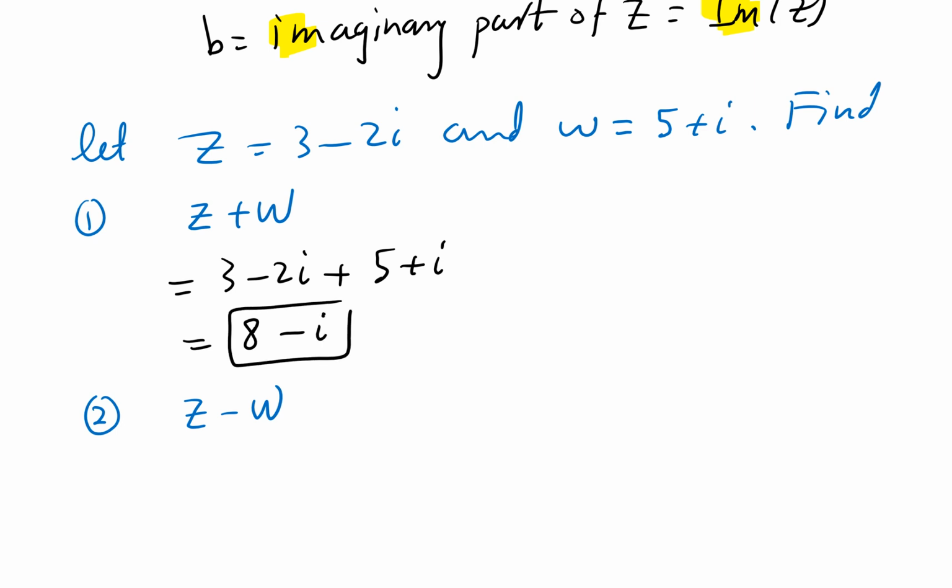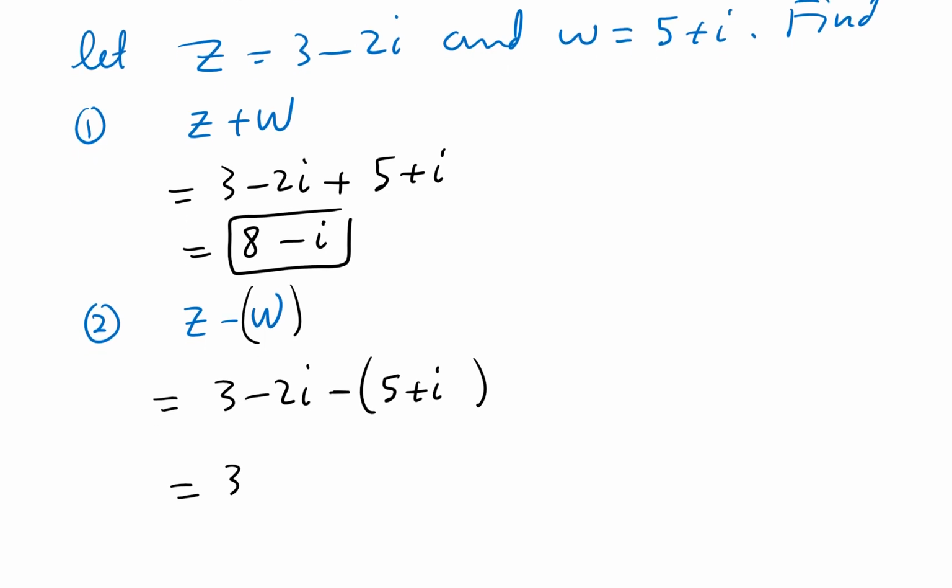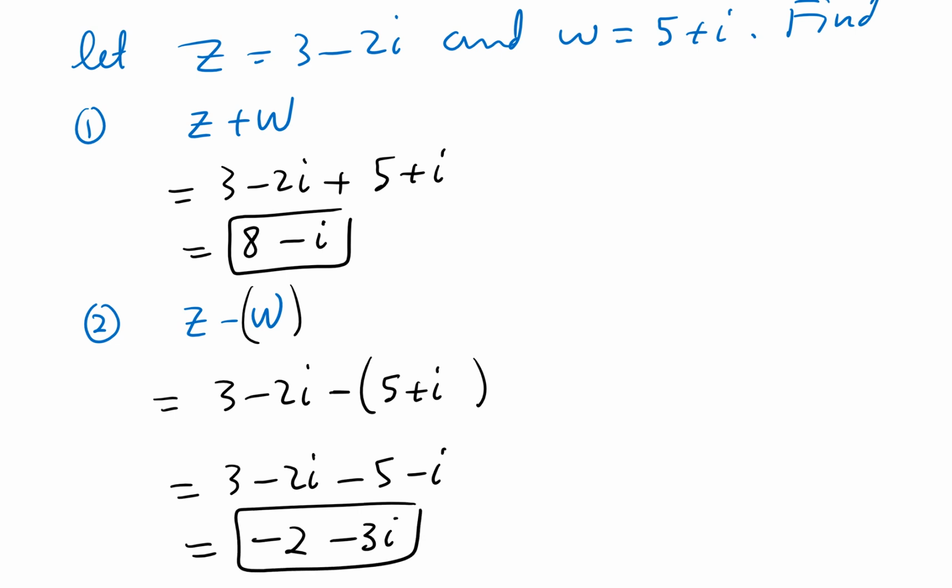To subtract, z is 3 minus 2i minus, with parentheses, w is 5 plus i. So what do we get? 3 minus 2i minus 5 minus i. That's -2 minus 3i when you combine like terms.